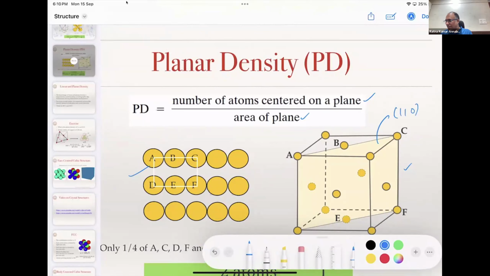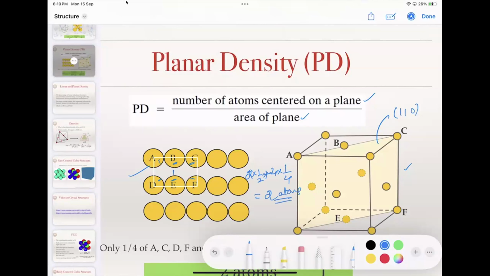How many atoms are effectively in this plane? 2 atoms centered on the plane at half each, and 4 atoms at one-fourth each. So total is 2 into 1/2 plus 4 into 1/4, which is 2 atoms.